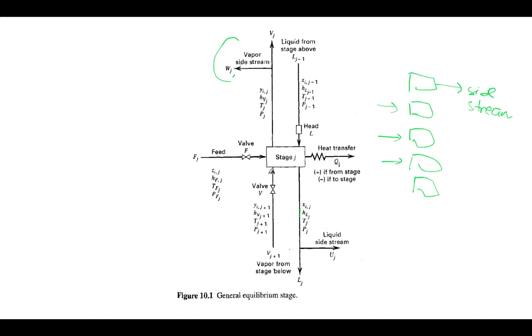Well, for some cases, for example, if this is the stage of a condenser and then there's a positive heat transfer from that stage to outside, then we may want to put the Q. Okay, so this is a general equilibrium stage that may appear in distillation, later in gas absorption, or even in extraction.